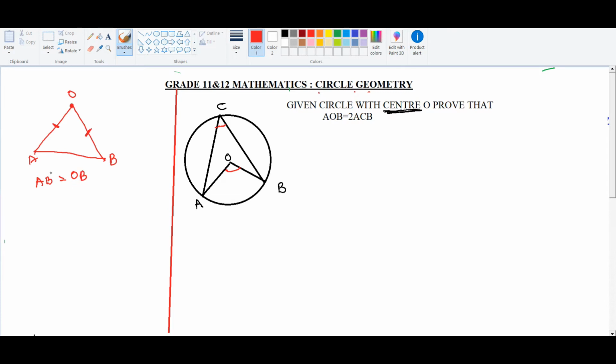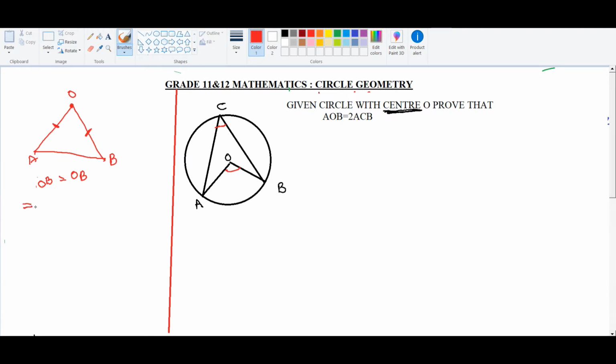We wanted to say OB, not AB, so pardon me for that. This is O. According to the diagram, if you have 2 adjacent lines that are equal, then what is the implication of that?